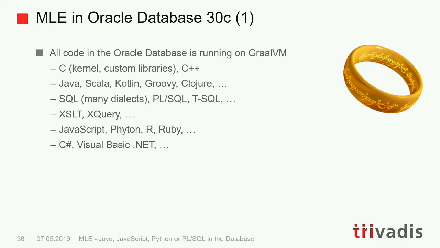We'll have some overhead there. Maybe we get it back somewhere else. Java, of course, SQLs, many dialects are possible, and so on. And you see some fancy stuff here I've written. C#, VisualBasic.NET, T-SQL. Technically, that's possible. I wish it will work.